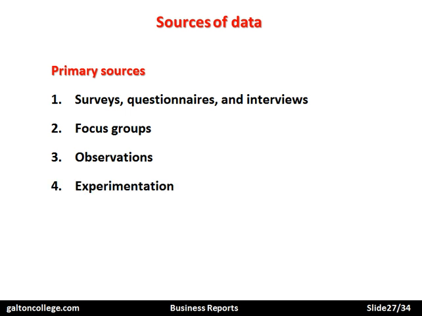It could be done by experimentation, although experimentation is normally conducted in the natural sciences, like physics and chemistry and so on. But sometimes in business it may be possible to conduct experiments, particularly in areas like engineering, to test if something is possible. Is a certain process possible? Set up an experiment, set up the machinery and test it.